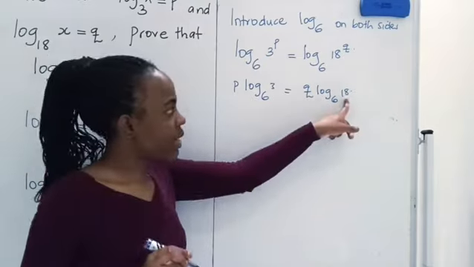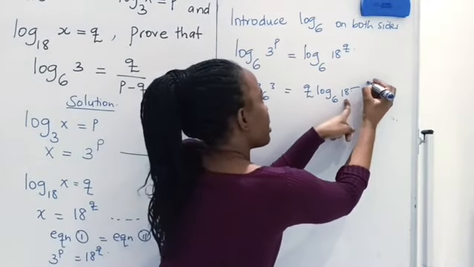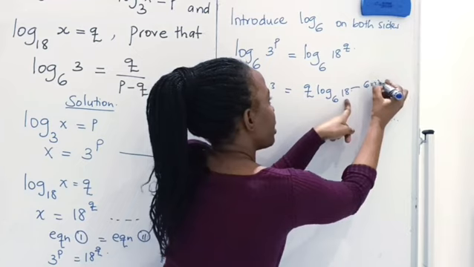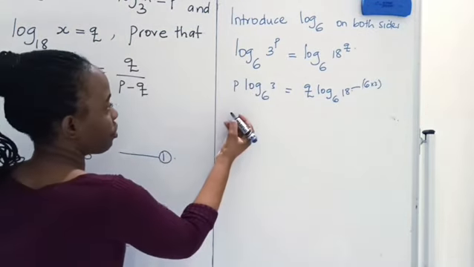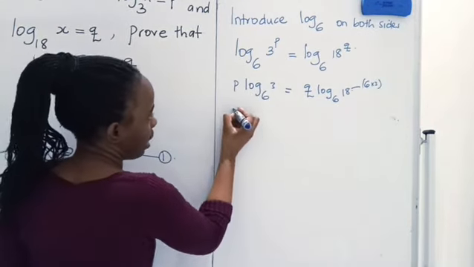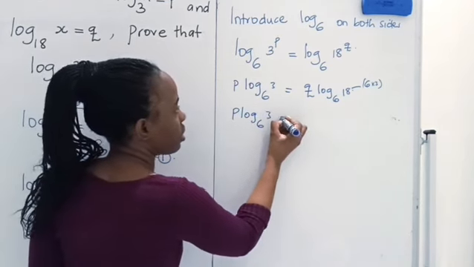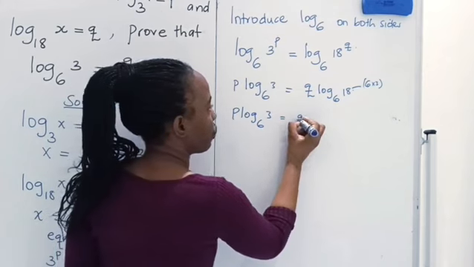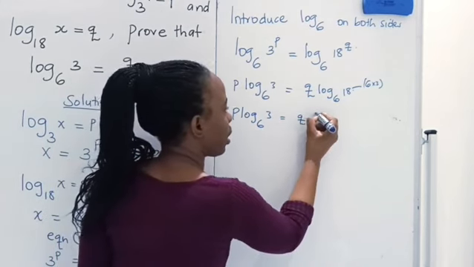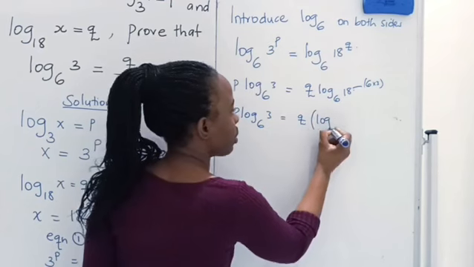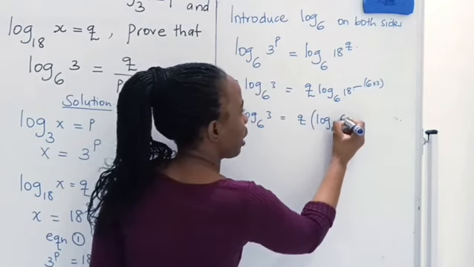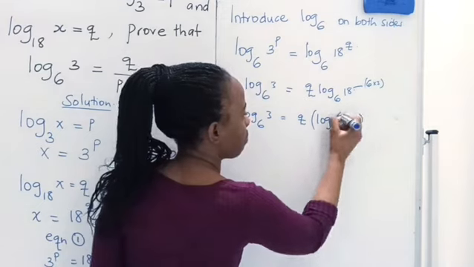18 is the same as 6 times 3. So I'm going to rewrite like this. p log 6 of 3 is equal to q, open brackets, log 6 of 6 times 3.